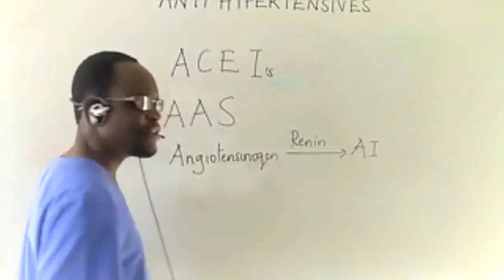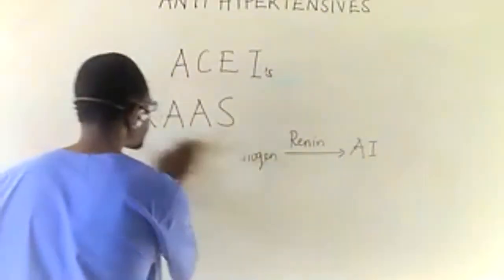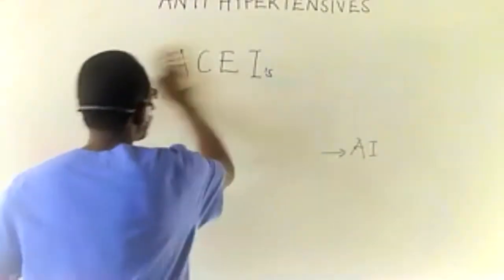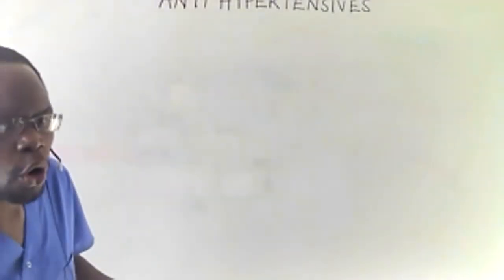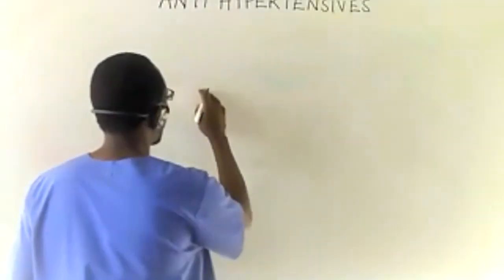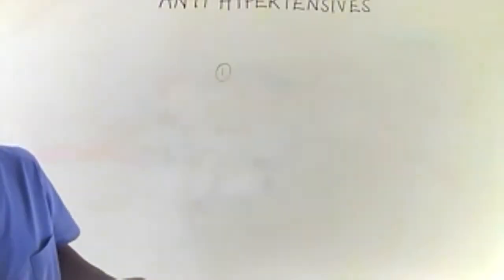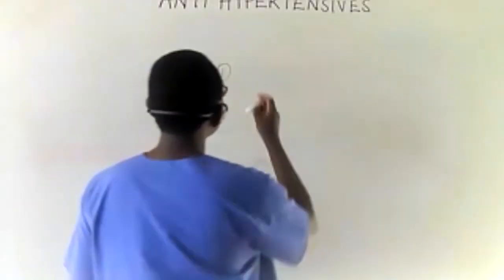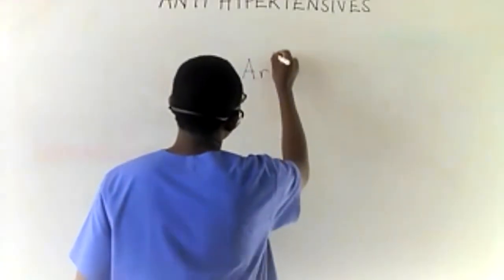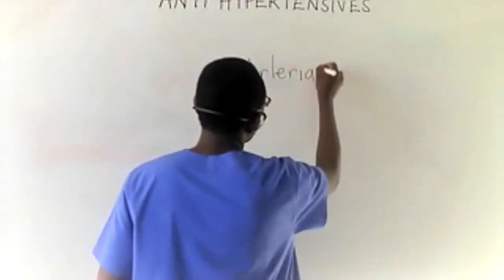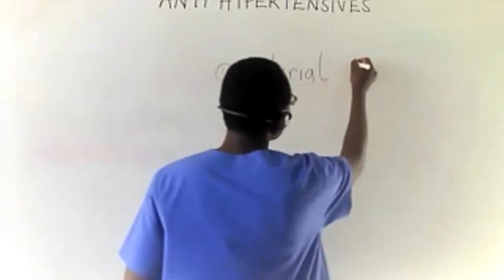Now, what are the different effects of angiotensin 2? One is that angiotensin 2 is a very potent vasoconstrictor. So it will cause arterial constriction.